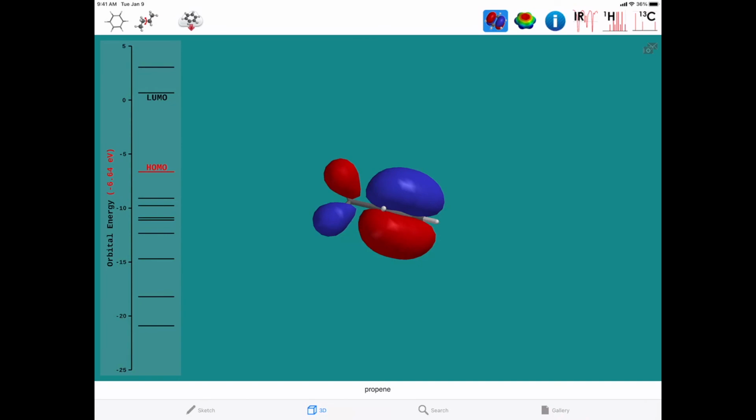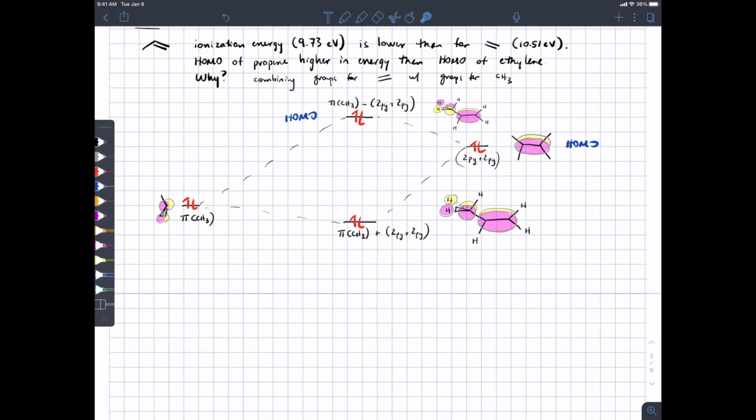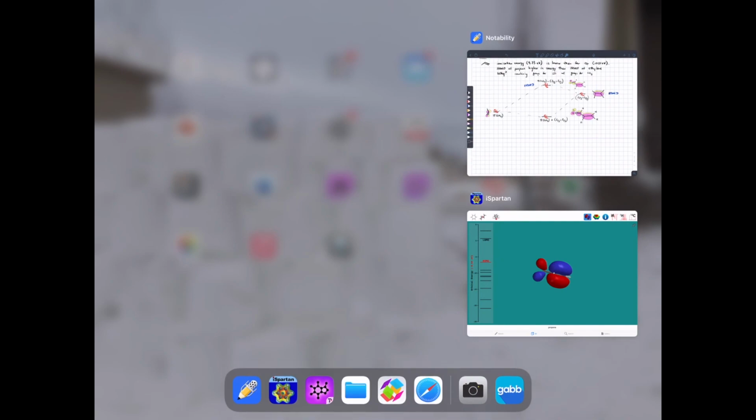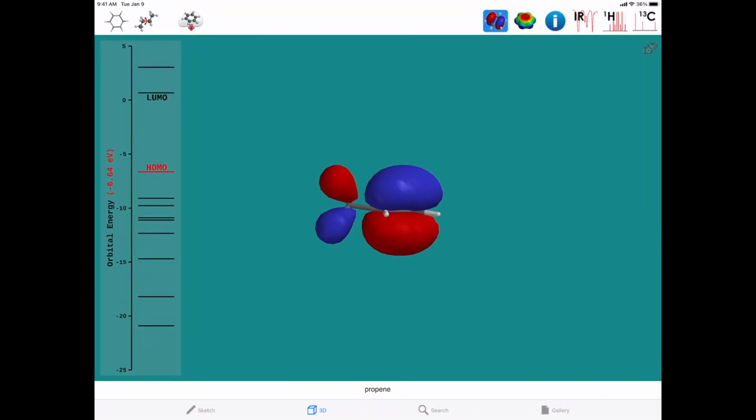And you see how the HOMO for propene comes from mixing the pi CH3 and the 2py plus 2py on the double bond together with the minus combination. So here's the 2py part, and then over here is the pi CH3 part, and there's a phase change in between the two. Okay, and with that we will end.